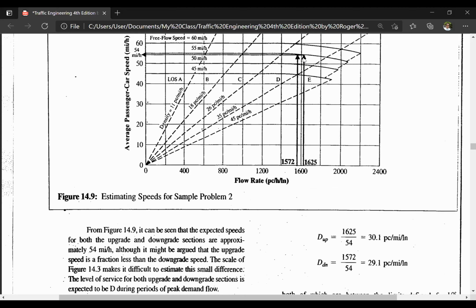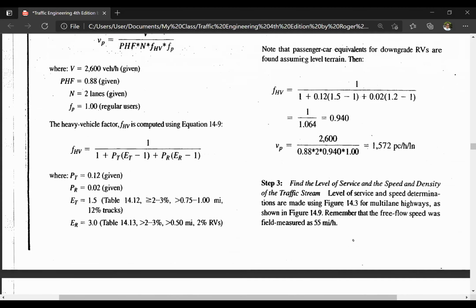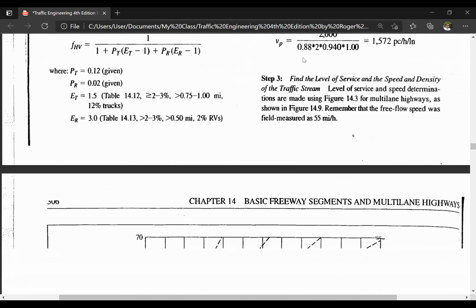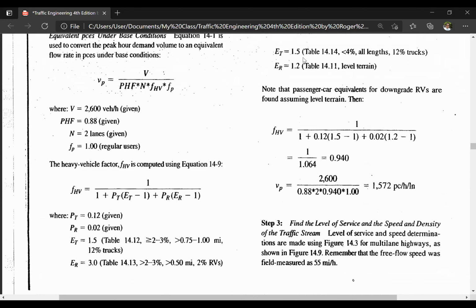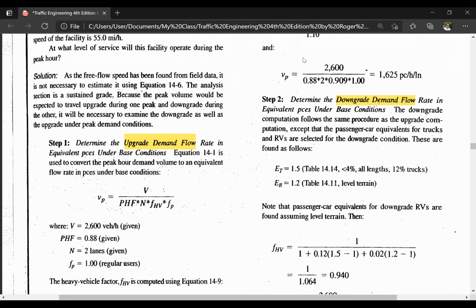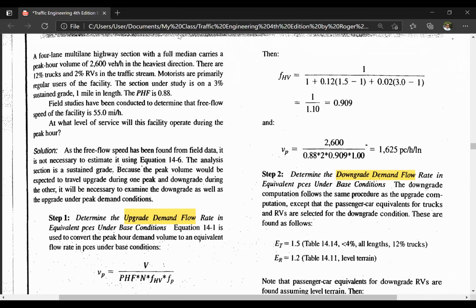So pick up the right FFS, right? Yeah, it's given, 55.